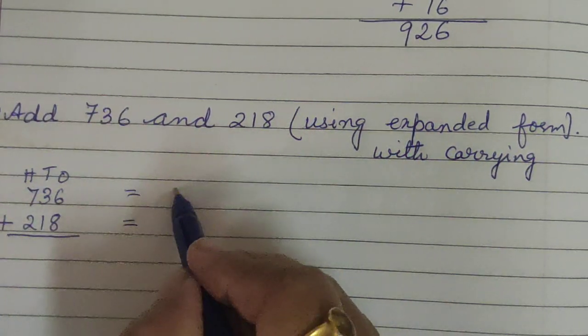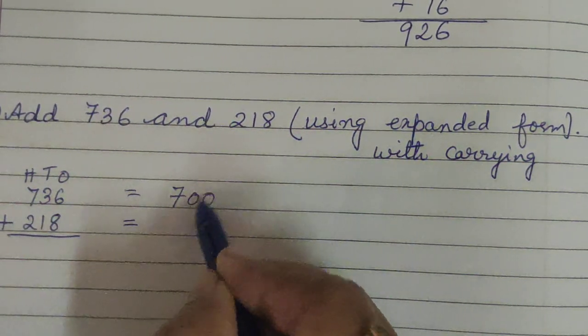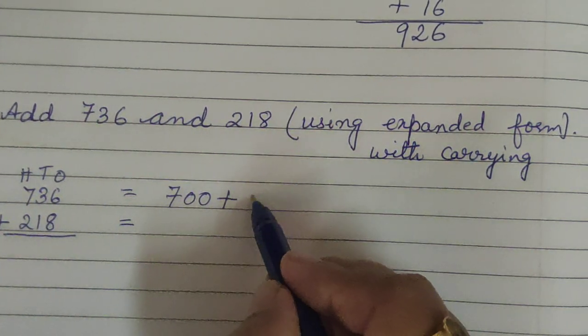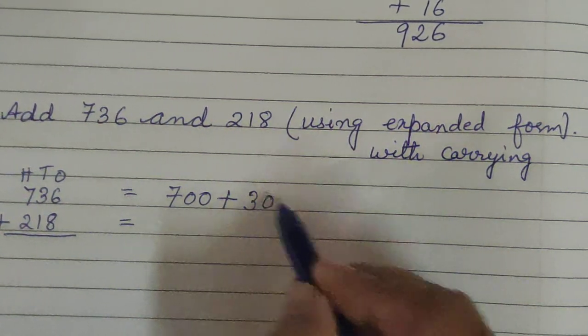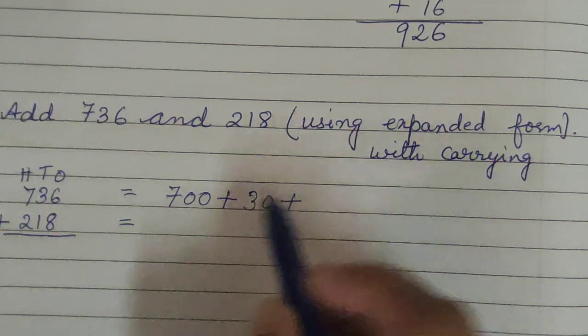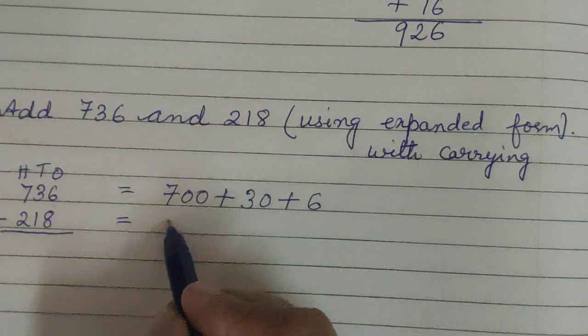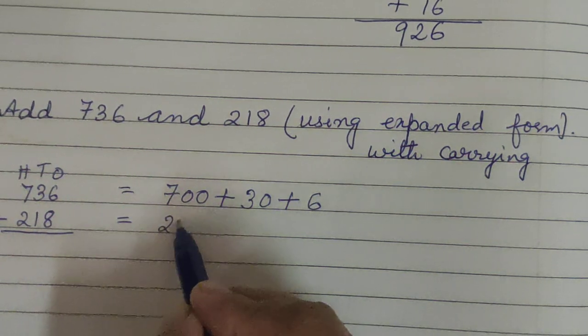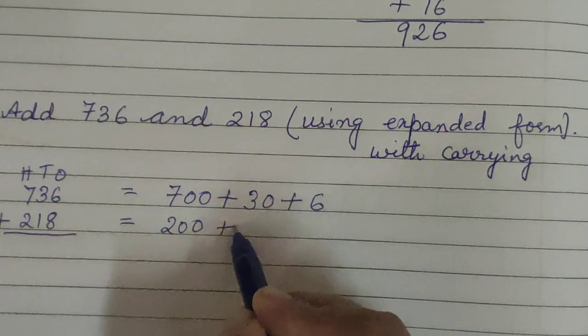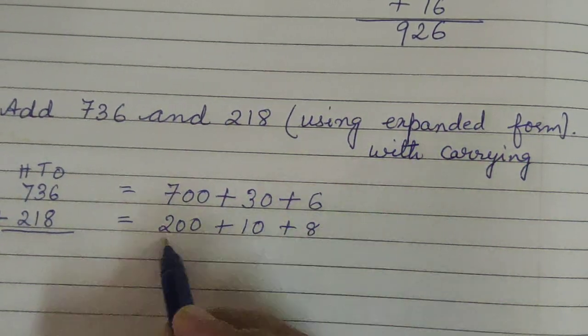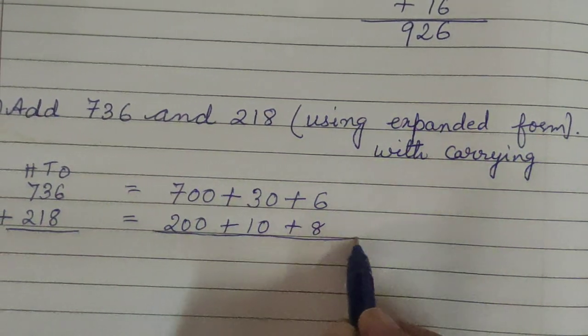So 7 is in the hundreds position, 700 plus. Addition symbol you have to put. Then 3 is in the tens position, 30. Then again you have to put the addition symbol. Then 6 is in ones, simple 6 you have to write. Next one, 200 plus 1 is in the tens position, 10 plus 8 is in the ones position, 8. So you add it now.